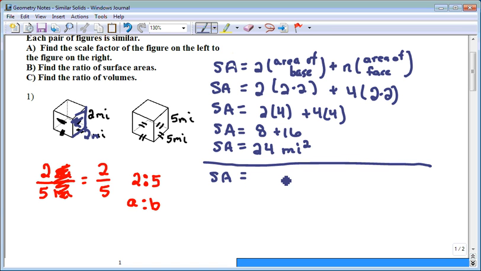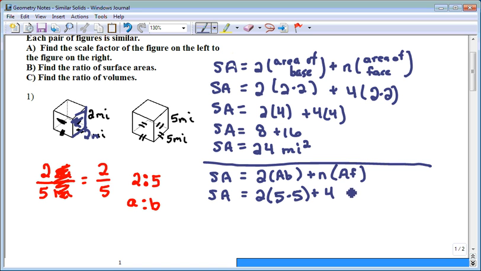Surface area of my other cube, again, 2 times the area of my base plus n times the area of a face. In this case, our base is 5 times 5. We have 4 sides to our square base, and the area of a face is also going to be 5 times 5.